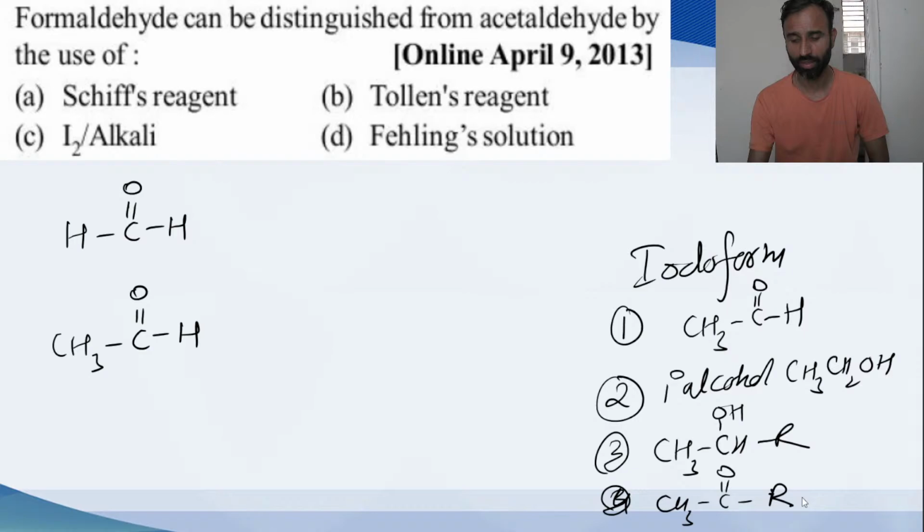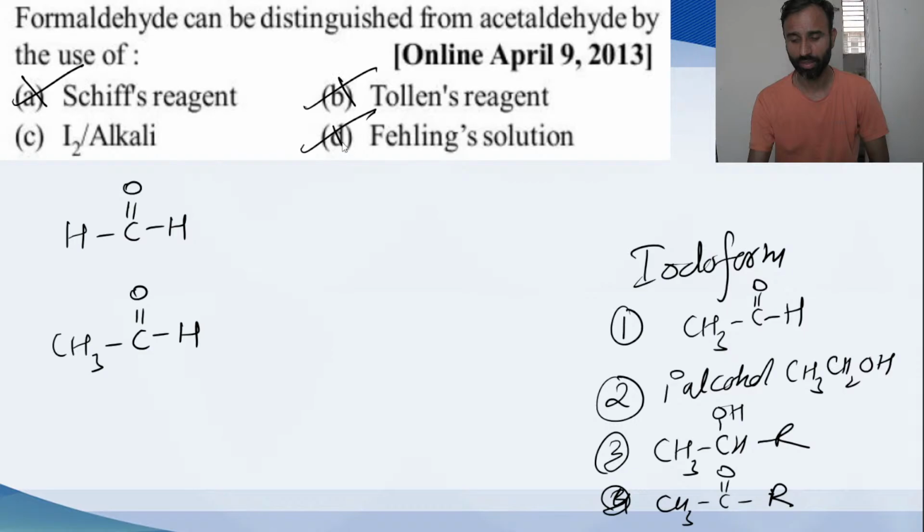To distinguish formaldehyde from acetaldehyde: Schiff's reagent test, all aldehydes will give this test. Tollens reagent test, for all aldehydes. Fehling's solution test, for aliphatic aldehydes. Aromatic aldehydes will not give this test, but formaldehyde as well as acetaldehyde are both aliphatic aldehydes, so they will both give Fehling's solution test. That means these are not the right options.